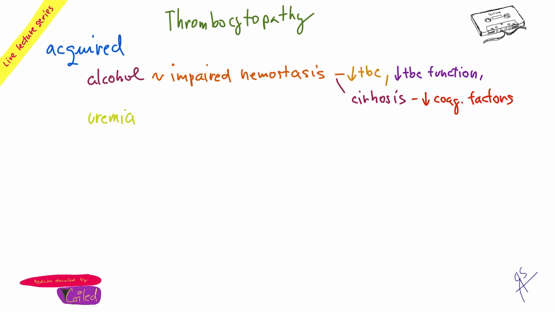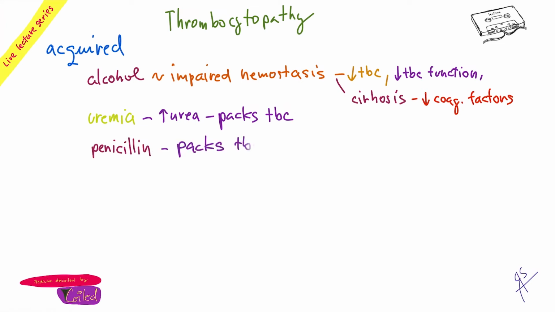But also, with uremia you have too much urea in your bloodstream, and this urea packs the thrombocytes and impairs their function. So they have thrombocytopathy, the people with failing kidneys. And also remember penicillin. If someone is on penicillin at the moment, then penicillin also somehow packs the thrombocytes and they can bleed a bit, because it impairs their function.